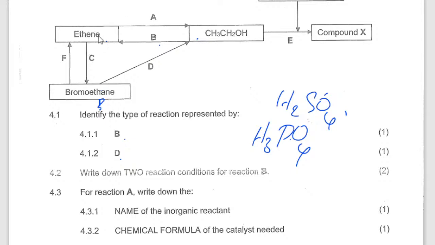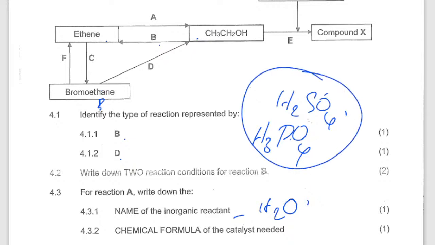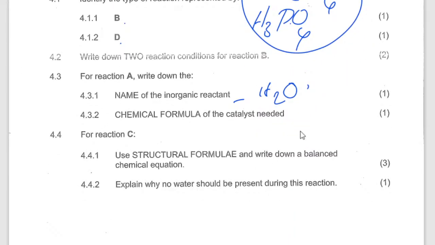The moment you are forming alcohol from alkene, you have to use H2O. Water must be present. And then the chemical formula of the catalyst. Yes, it's the same acids which you can use, because sometimes you call it acidified water. So you acidify the water there.